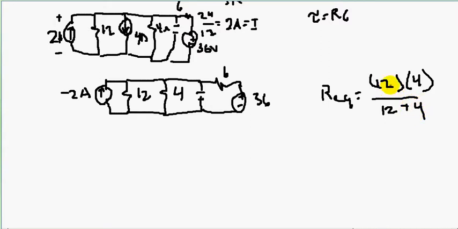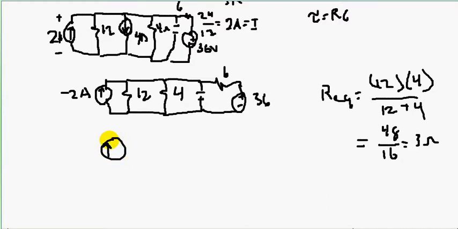We get 12 times 4, 48, divided by 12 plus 4, 16. And 48 divided by 16 is 3 ohms. So 3 ohms here.